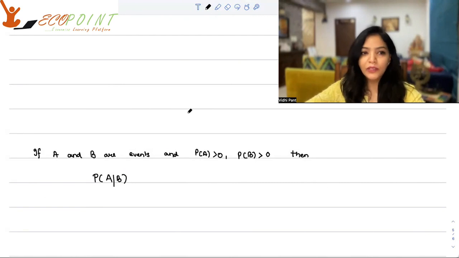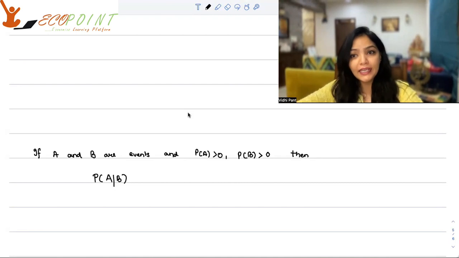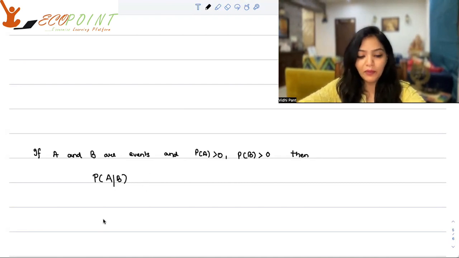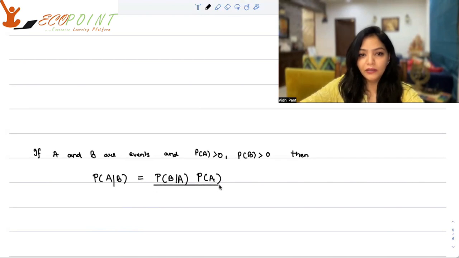Okay, so till now, we know that if A and B are events such that probability A is strictly greater than 0 and probability B is also strictly greater than 0, then probability A conditional to B is simply probability B conditional to A into probability A upon probability B.